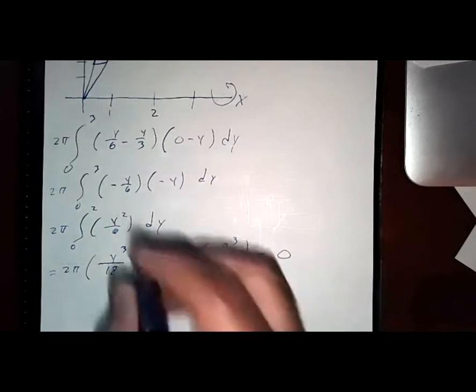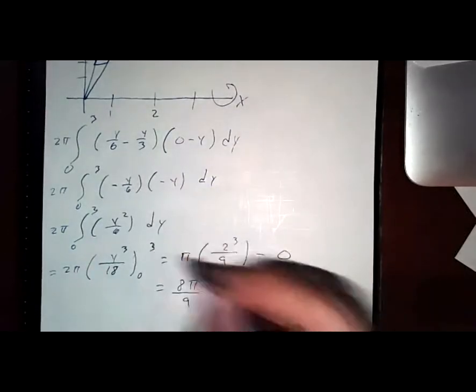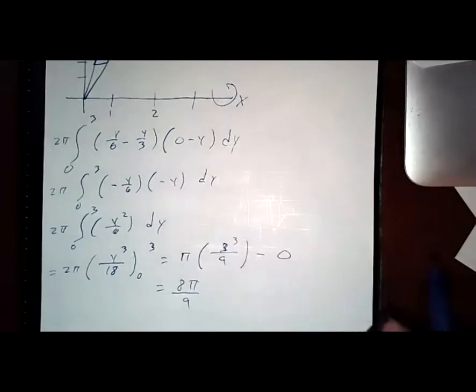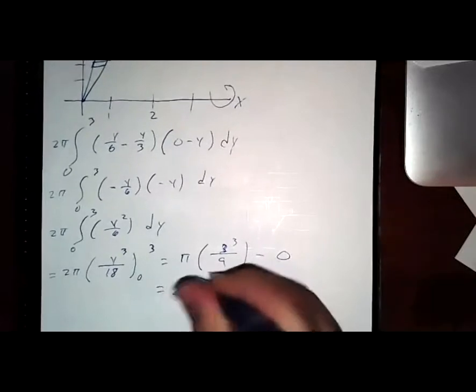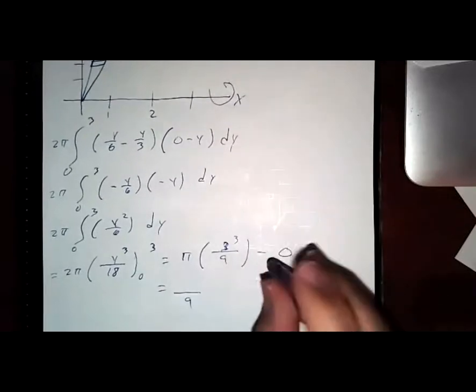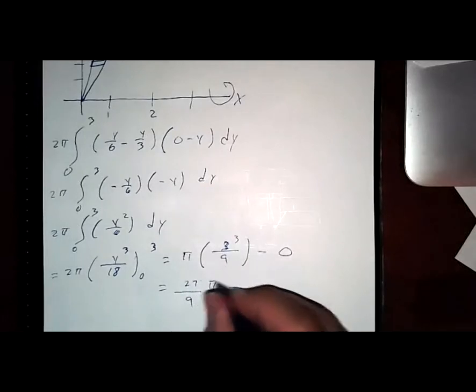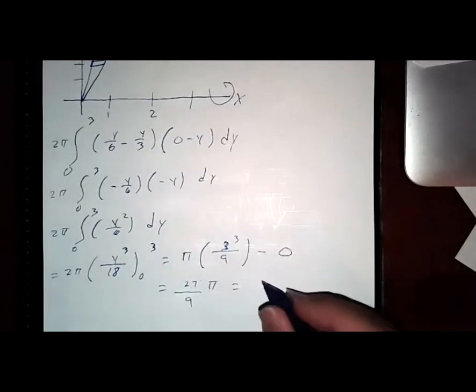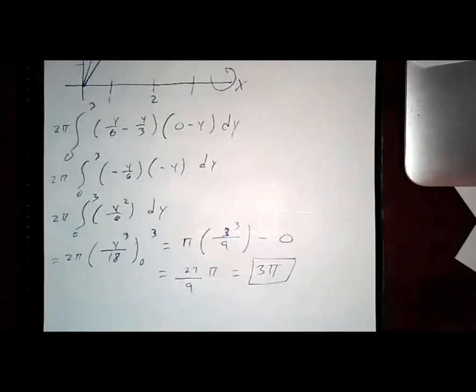Oops, yeah, that's a 3, my bad. 0 to 3, 3 cubed. So that would be 27, right? Which would be 3 pi. All right, it came out. I was worried there for a second.